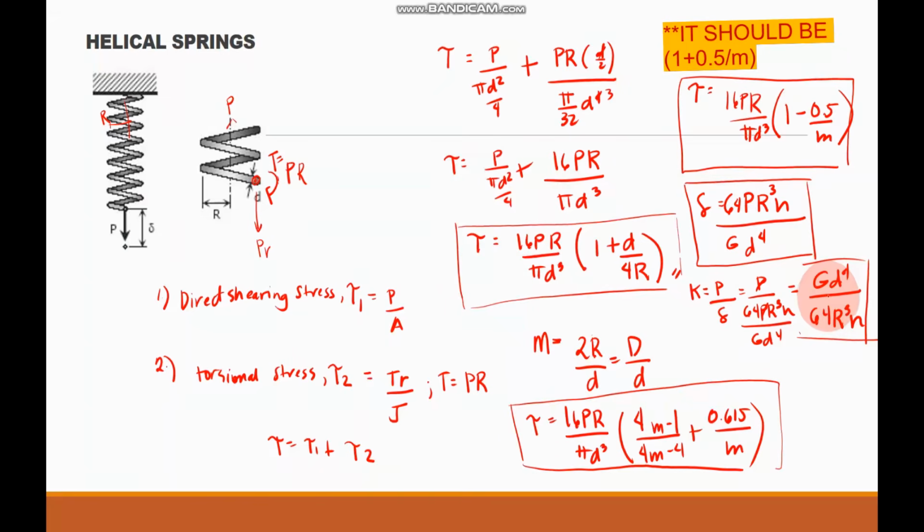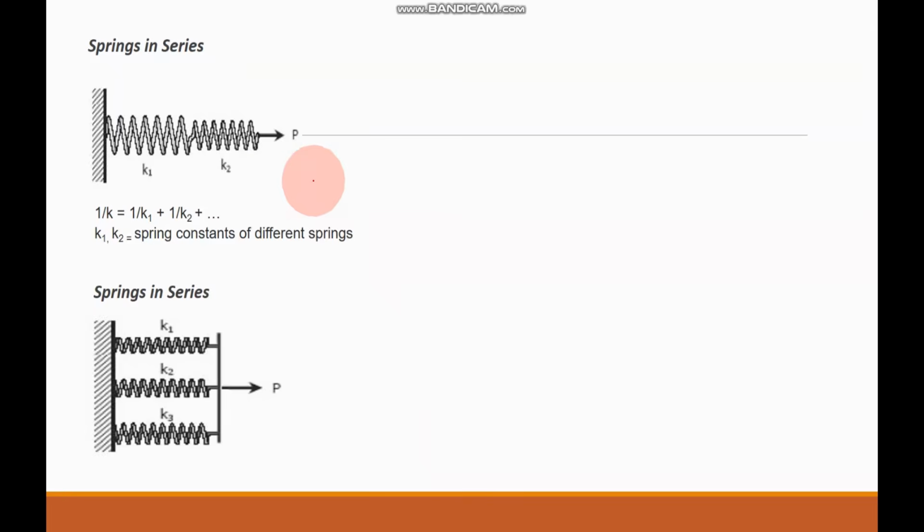And then our k can be determined depending on the spring or depending on the orientation of our spring. So we have here the springs in series, in which on this example we have two kinds of spring constant depending na rin sa helix or the radius of the helix. And then for the springs in series, we have also this kind of orientation.